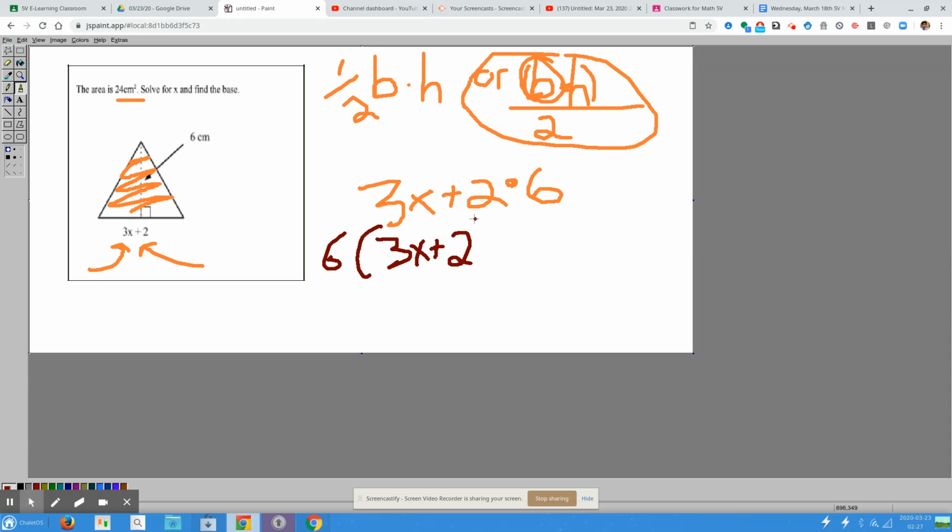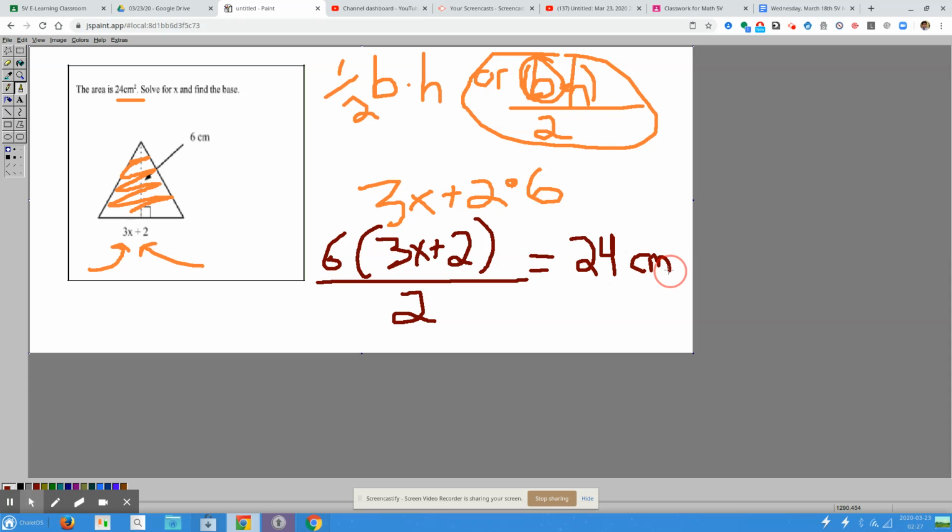There's something really important that I need to add to this. Now, it is an equation, so this has to be equal to something. Otherwise this is just an expression. So 6, open parentheses, 3x plus 2, which is base times height, all of this divided by 2 is equal to 24 centimeters squared.